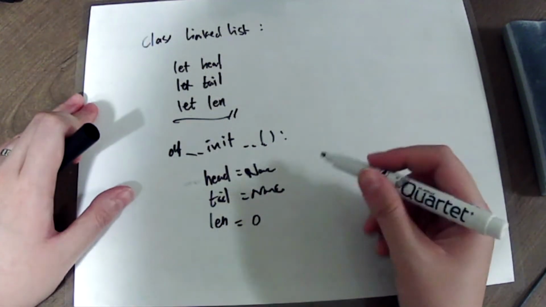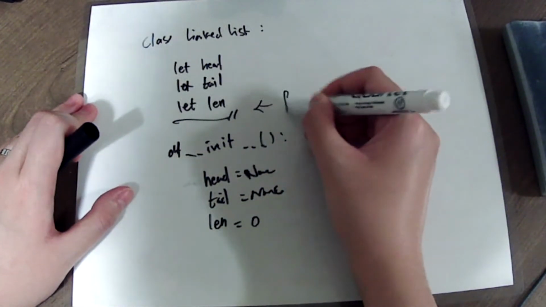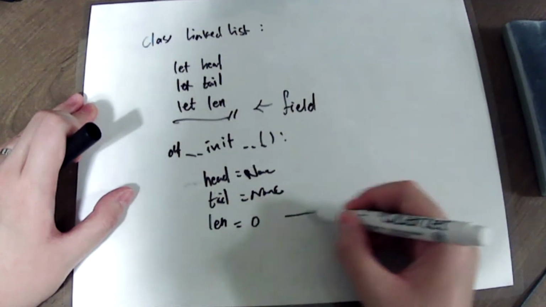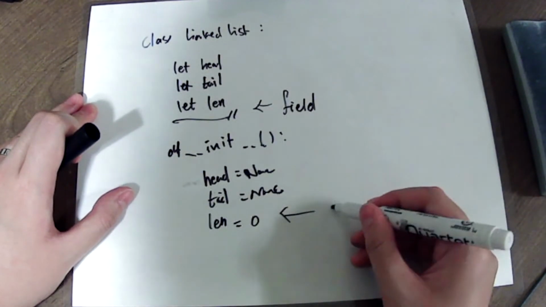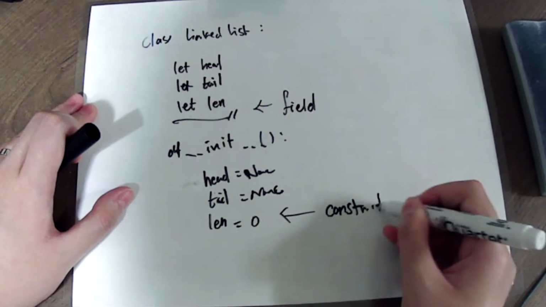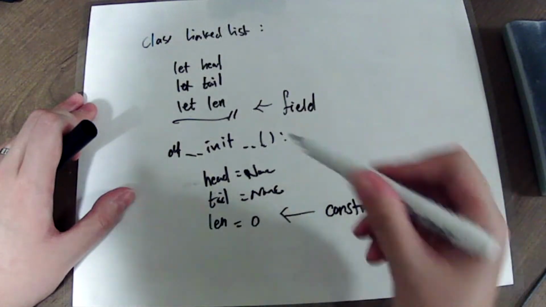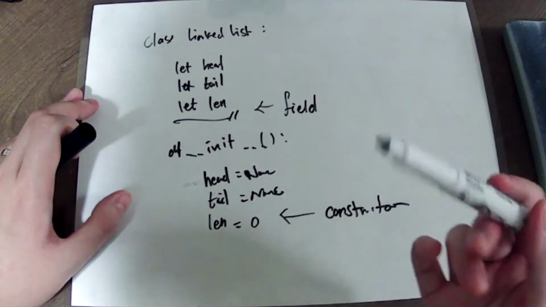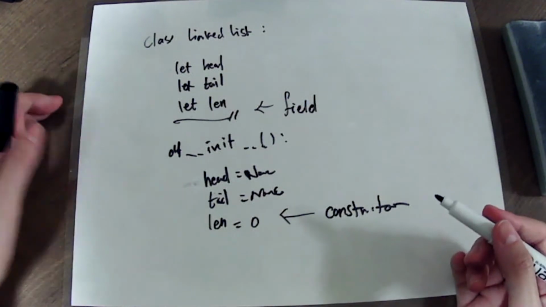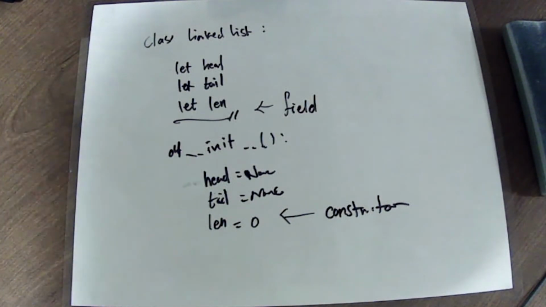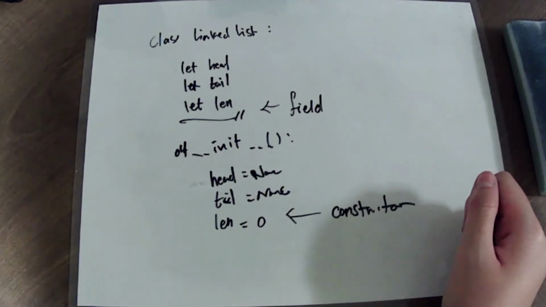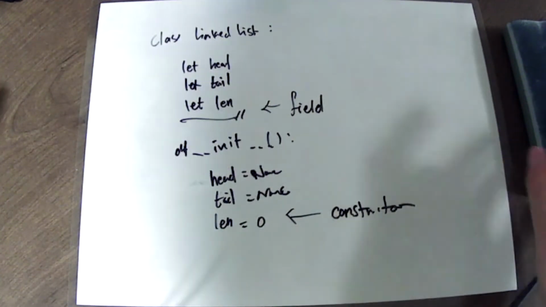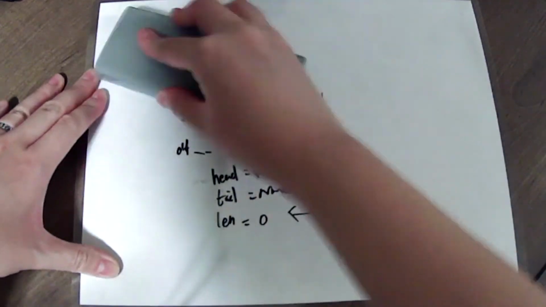So this is how we change the field, and this is how we update the constructor so that we can utilize this length class variable to keep track of the length of the linked list.